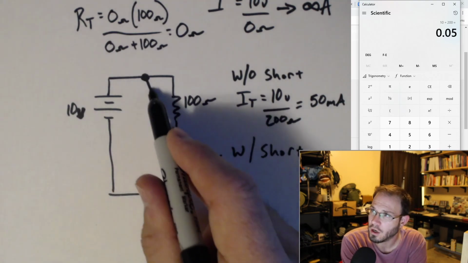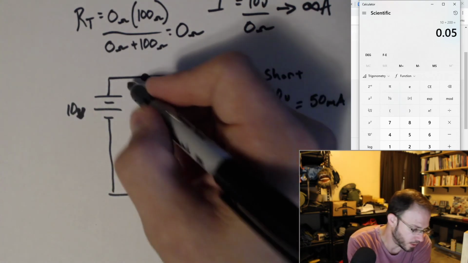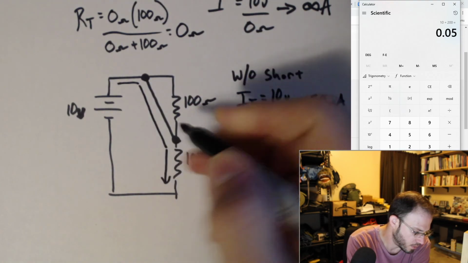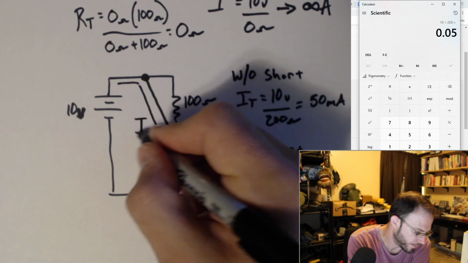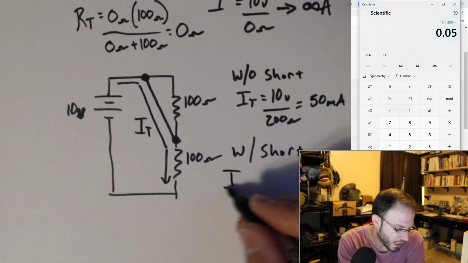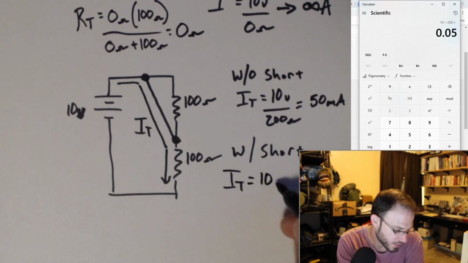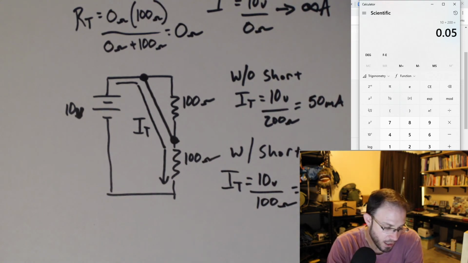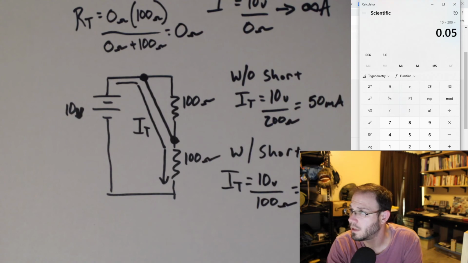So all of the current will end up going through that short, and what we're left with is an IT equal to 10 volts divided by 100 ohms. And 10 volts divided by 100 ohms is 100 milliamps.